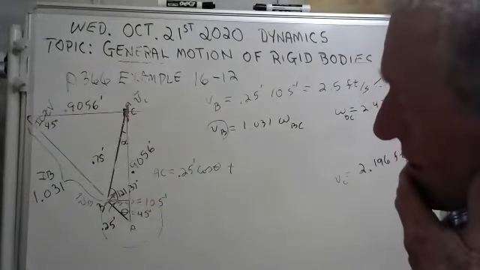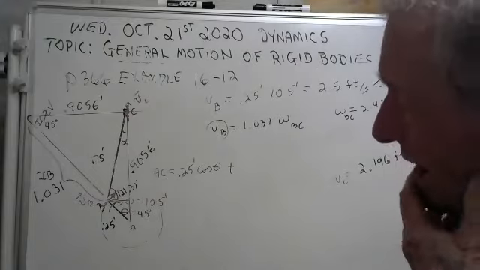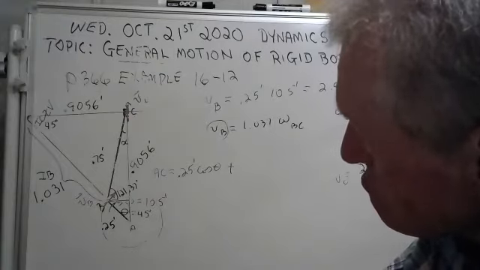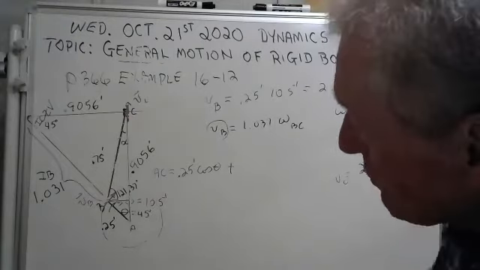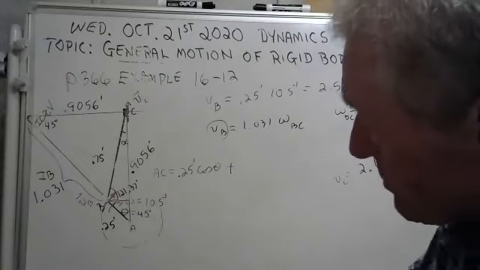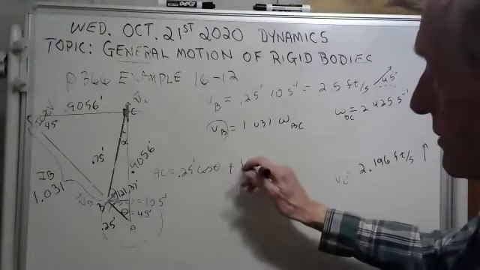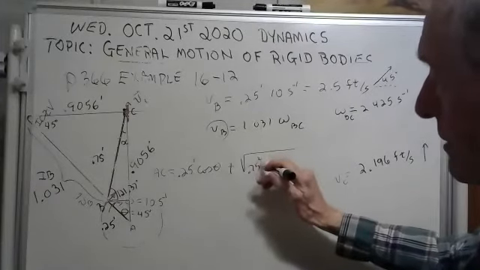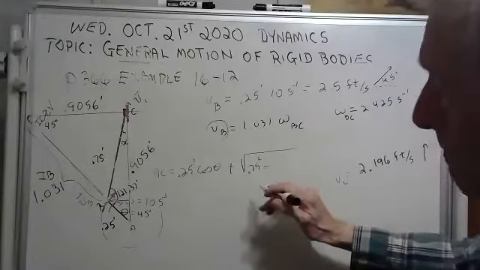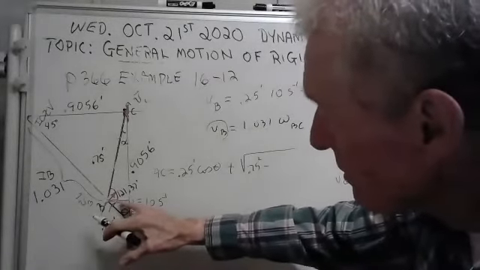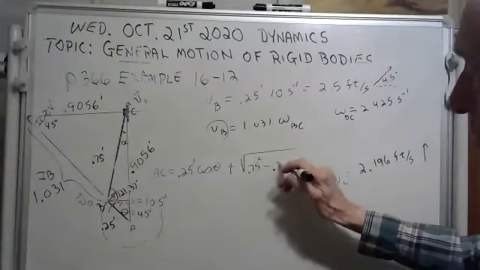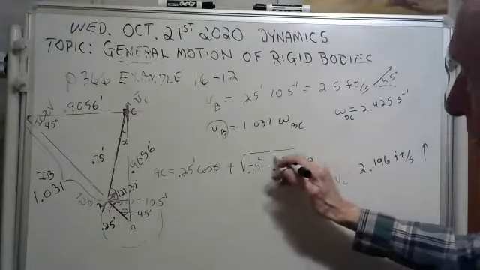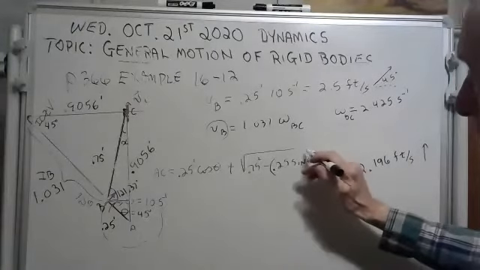Now that distance there, let me think about this. I'm trying to figure out that distance. One way to get it would be to take the square root of 0.75 squared minus that distance there, which is 0.25 sine of theta, squared.